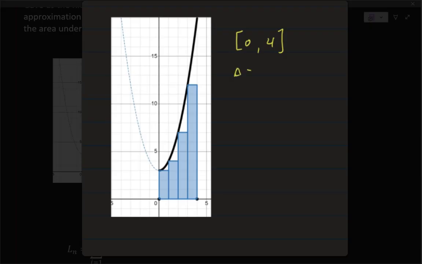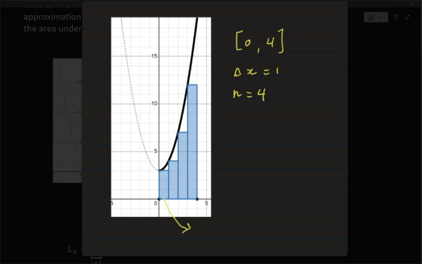So delta x is 1. That's the width in between. Each of these is 1 unit. And we have the number of subintervals, 1, 2, 3, 4 rectangles, so that's 4, and that's very simple.